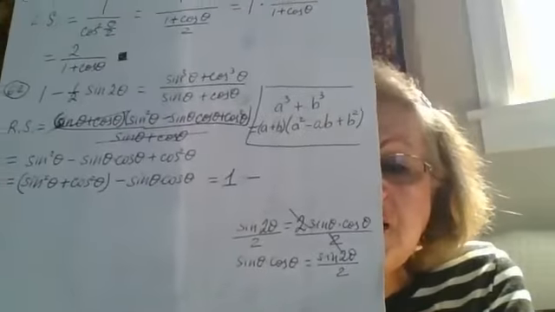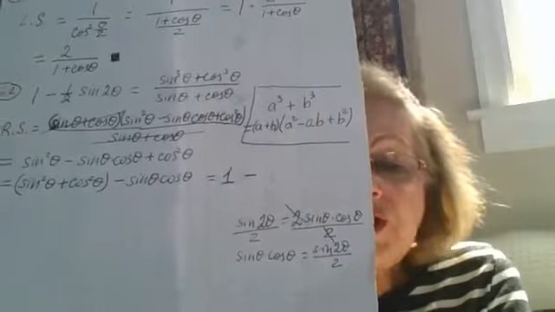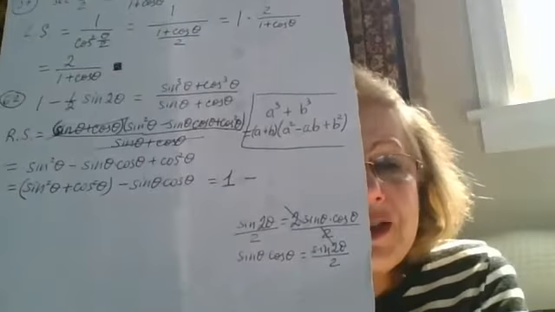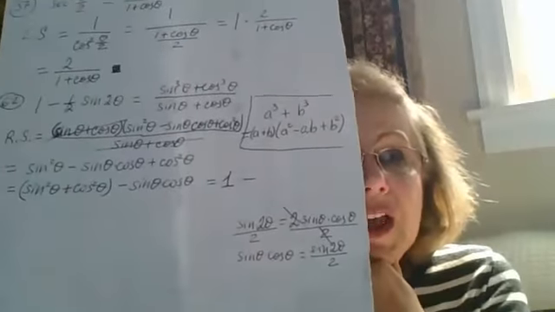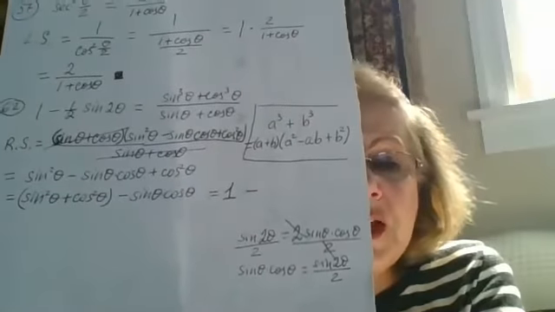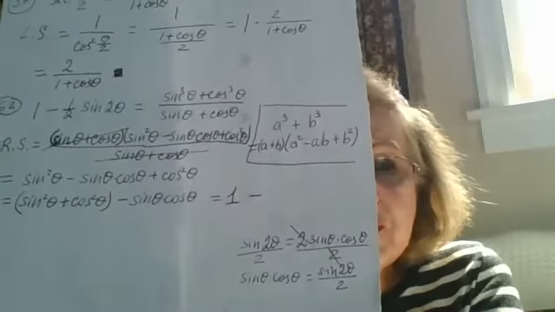Division by 2 can be replaced by multiplication by 1/2. Do you agree? Yes. So I'm writing sine theta times cosine theta equals 1/2 of sine of 2 theta. I used simple algebra, replacing division by 2 by multiplication by 1/2.